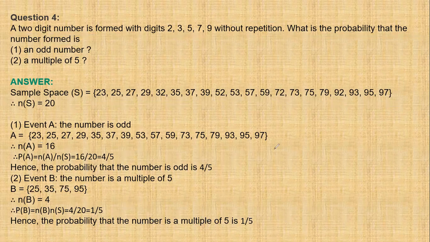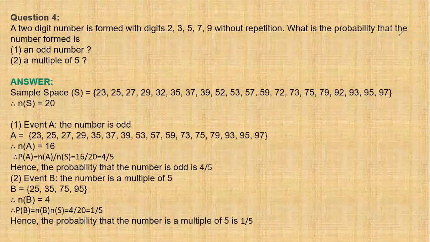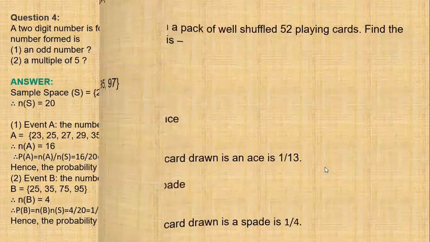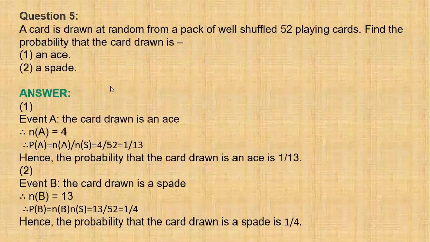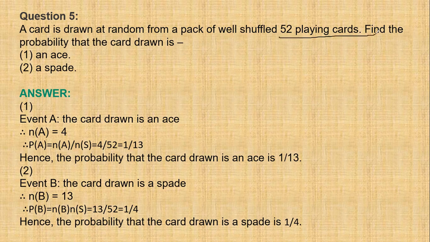Now, the next one, the fifth one of practice set 5.4. A card is drawn at random from a pack of well shuffled 52 playing cards. 52, it means number of S that you can write down directly is 52.